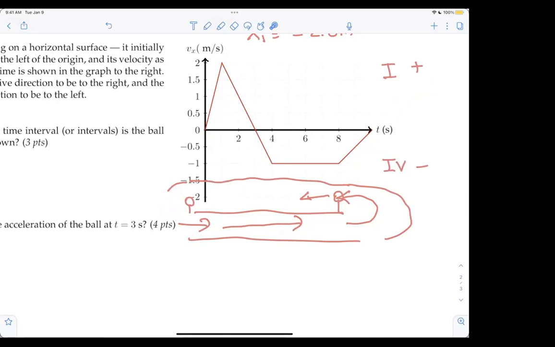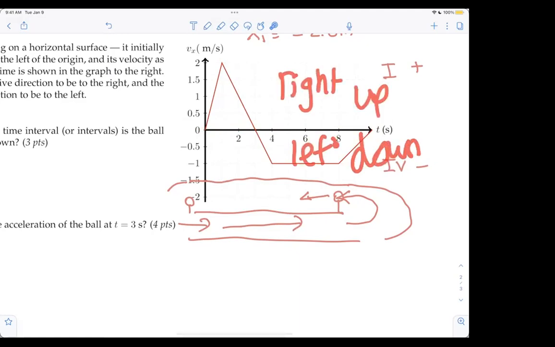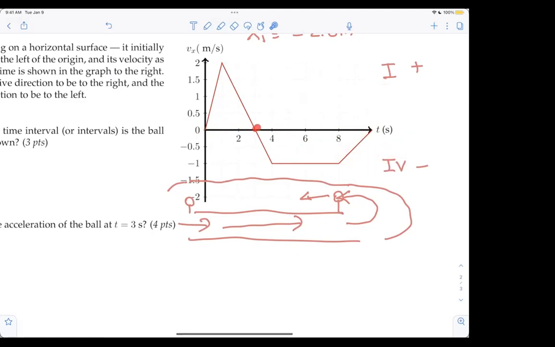Does that make sense? Yeah, so once you pass the x-axis, it's like turning around and you go in the opposite direction, because the x-axis is going to be your boundary for right and left. So once you cross the x-axis, that's a matter of you turning around.